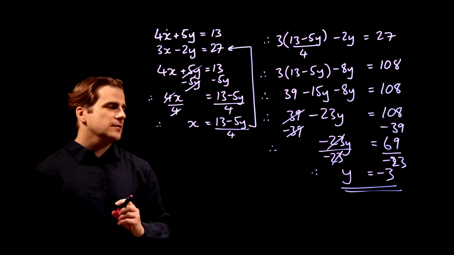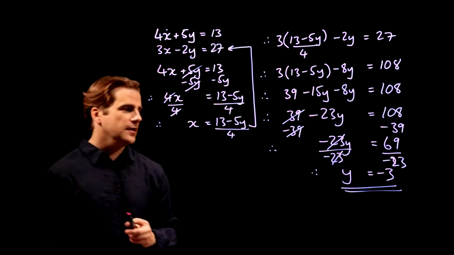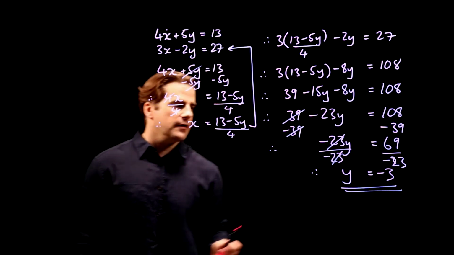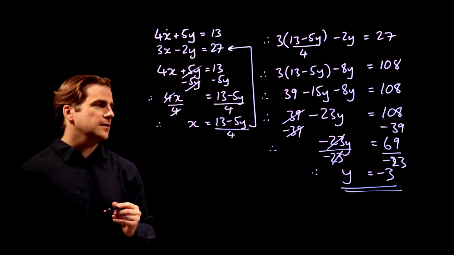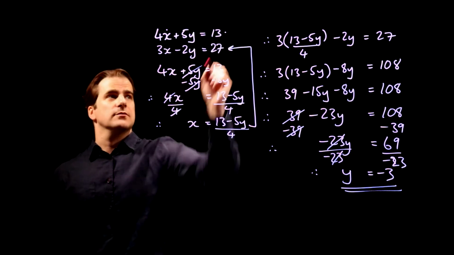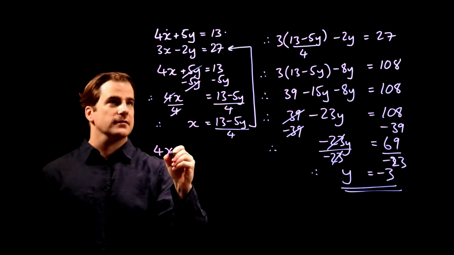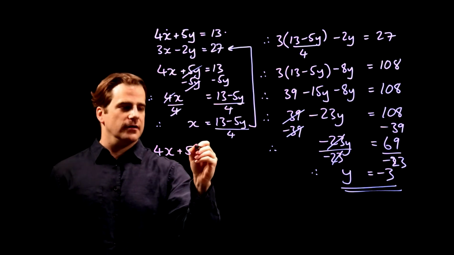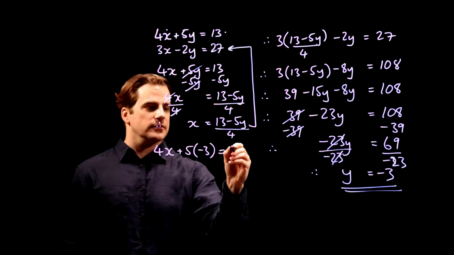Right. So now you've got y, you need to find x. And to do that, you take that value of y and sub it back in to either of the original equations. Let's put it back into this one. Why not? So we get 4x plus 5 times minus 3 equals 13.